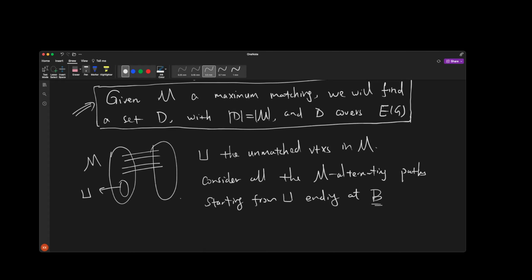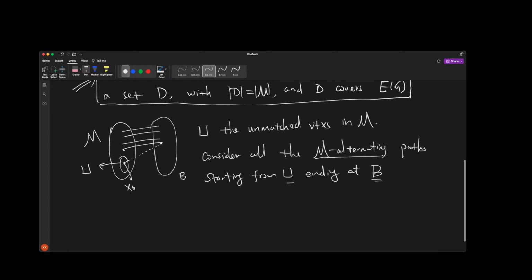So I need this path to start here. For example, this is my x0. Since it starts from U, the first edge is not an edge in M. So in this M alternating path, the first edge is not in M, and the second edge has to belong to M. So not in M, in M. This is the M alternating path.